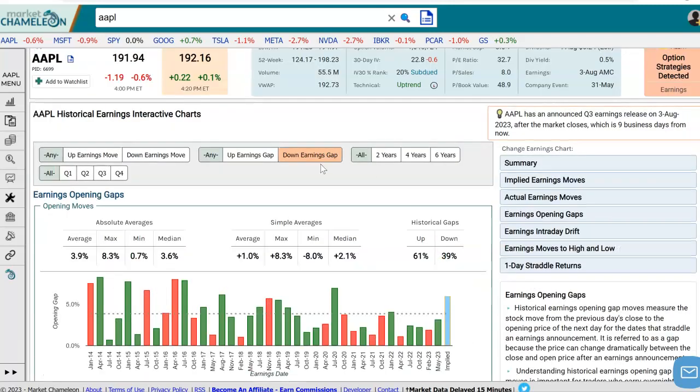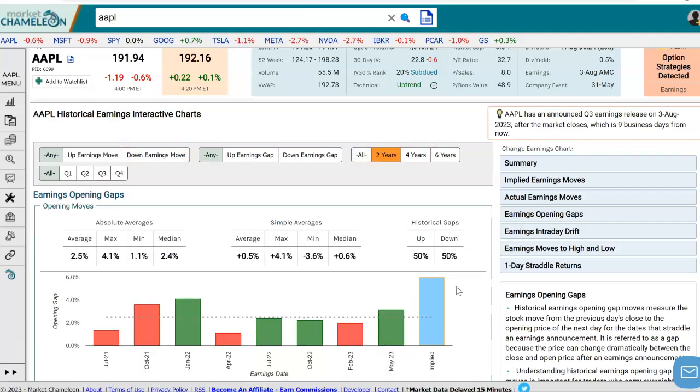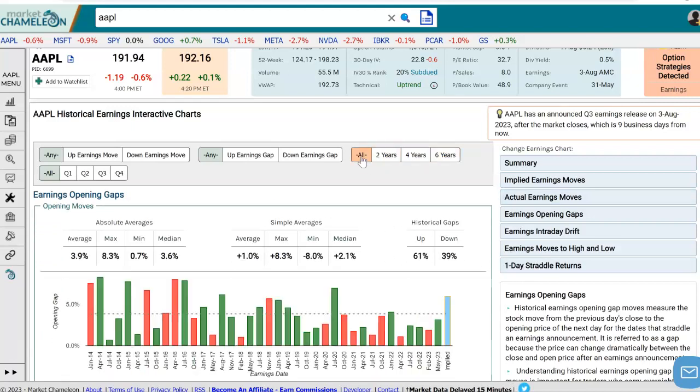One more thing, if you want to narrow down the data, you could use these filters above. If you want to narrow it down by number of years, if you want to see just the most recent 2 years, if you click on that, it will recalculate all the stats and show you the data for the last 2 years. I'm going to come back to all.